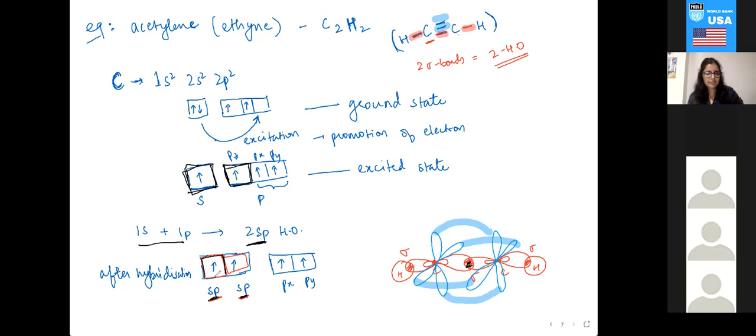They are equal in energy, and they each have a single electron within them. ये red color में जो है, those are your sp hybrid orbitals. अभी इस carbon के पास दो sp है ना. So one of the sp orbitals will bond with hydrogen and the other one will bond with the other carbon. इसका एक sp orbital has overlapped with this hydrogen और दूसरा sp orbital जो है वो दूसरे कार्बन के साथ overlap किया.